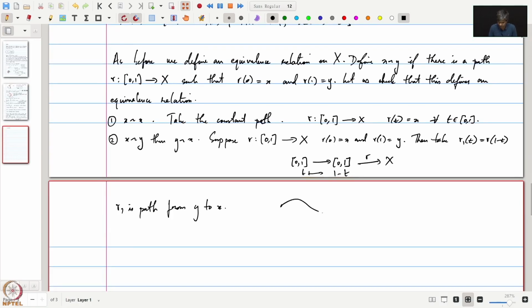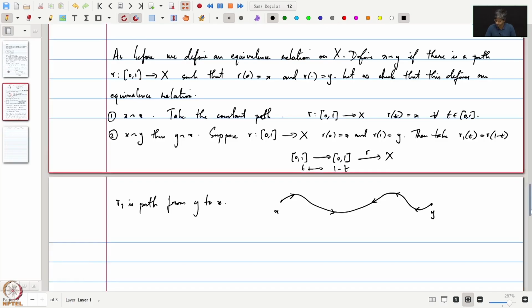Basically, if this is gamma, this is X, this is Y, so gamma is going like this, then gamma 1 traces the same path in the opposite direction. So in particular, gamma and gamma 1 have the same image inside X. They are different maps from [0, 1] to X, but they have the same image.